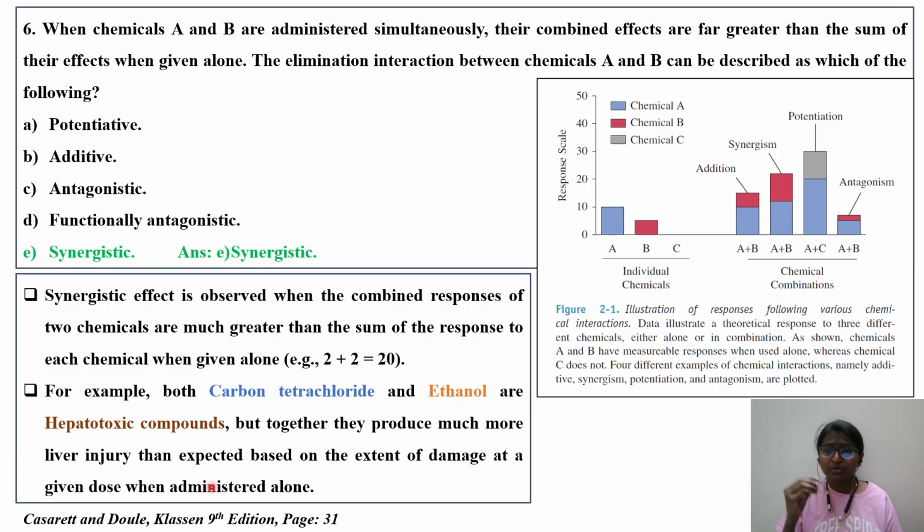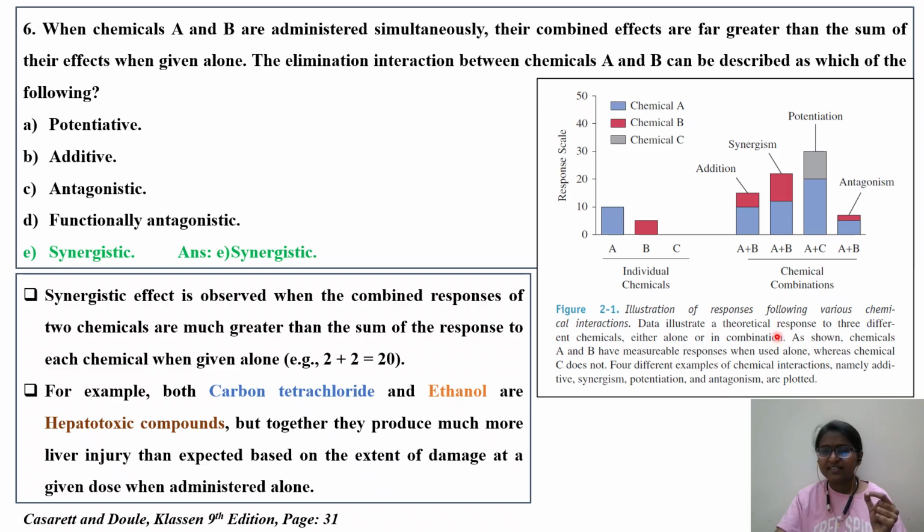What we need to learn more is that on page number 31 of the Clayson textbook, 9th edition, figure 2.1 is given. So let's discuss this particular figure. This figure 2.1 is an illustration of responses following various chemical interactions, A plus B plus C interactions.